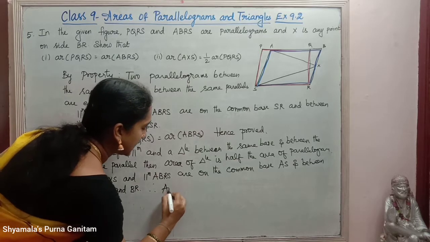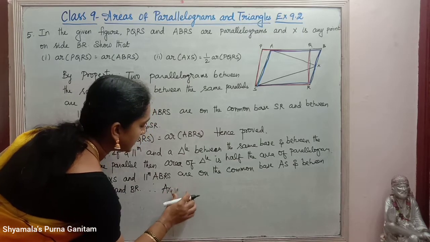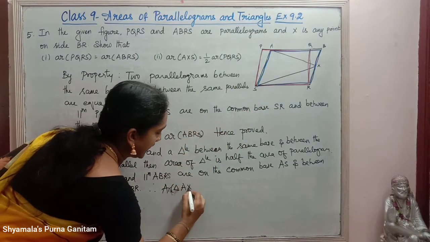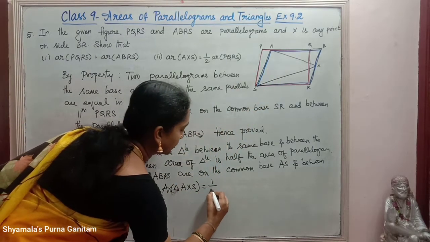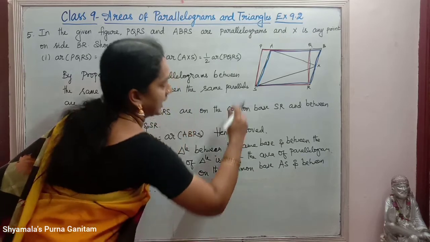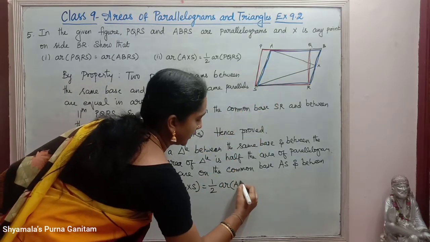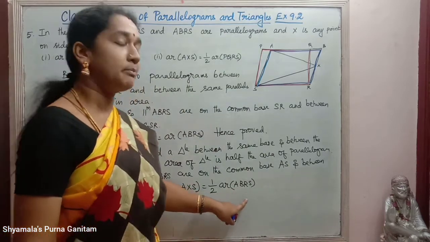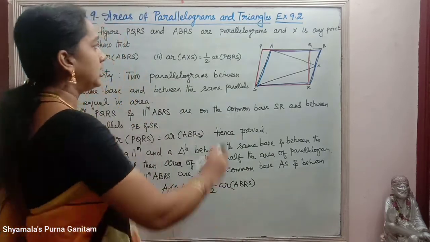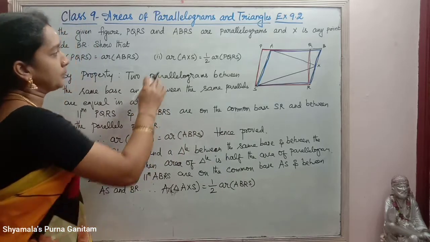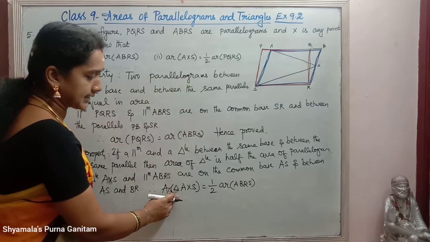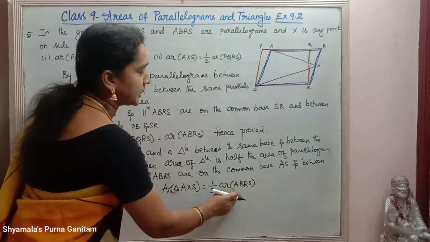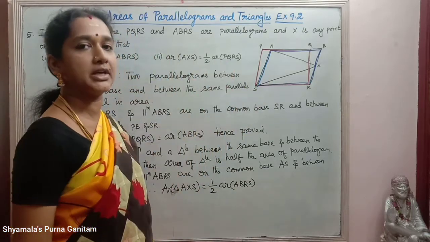Therefore, area of triangle AXS is equal to half the area of parallelogram ABRS. But what are we asked to prove? Area of triangle AXS is equal to half the area of PQRS.